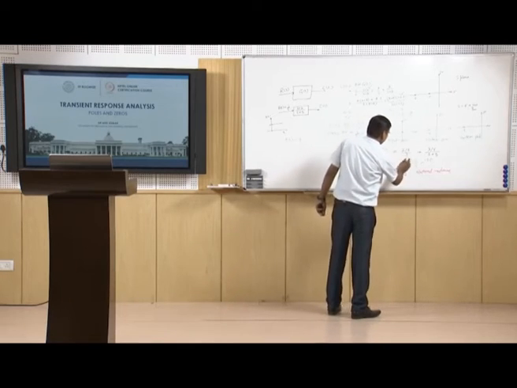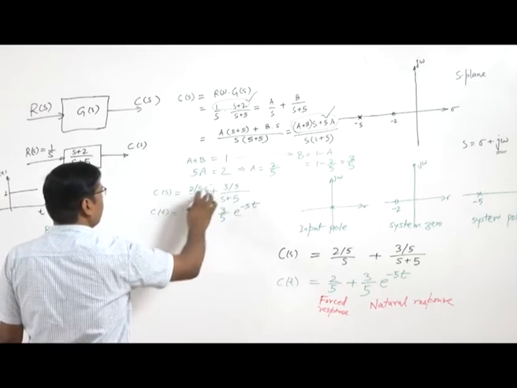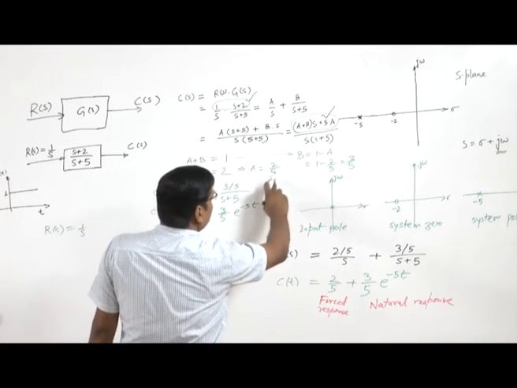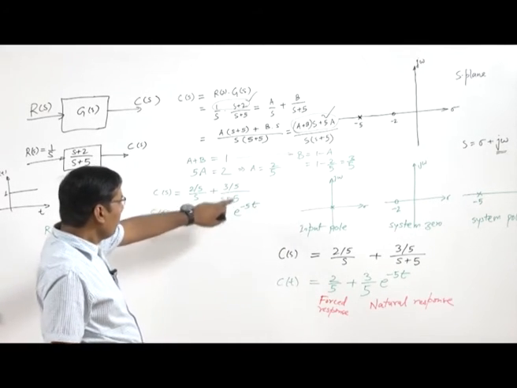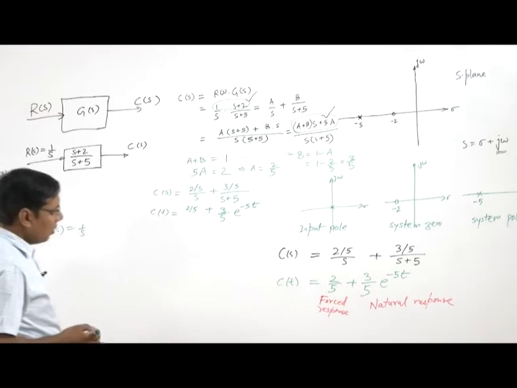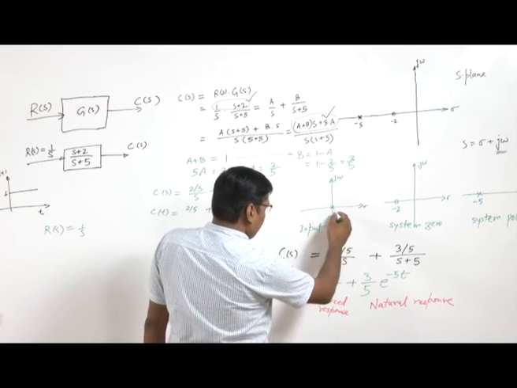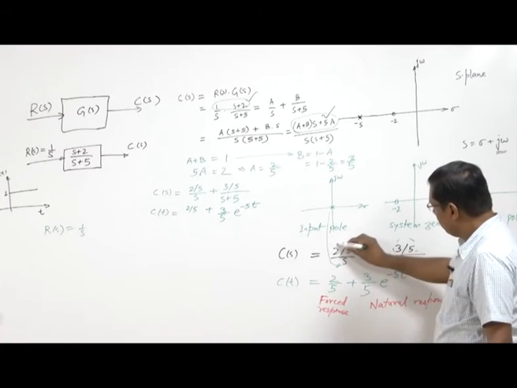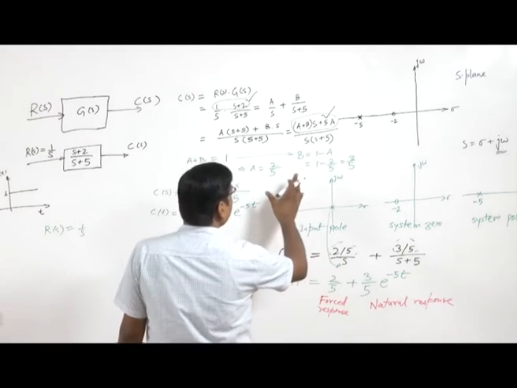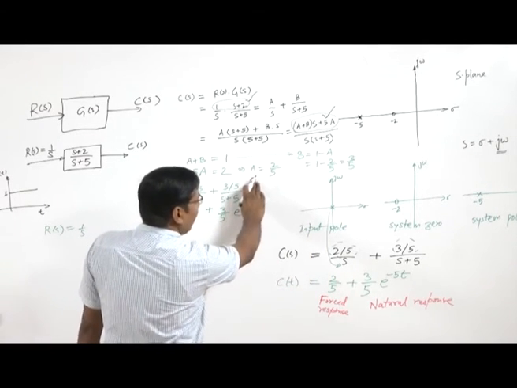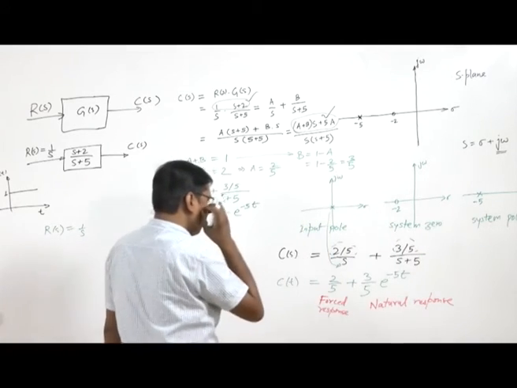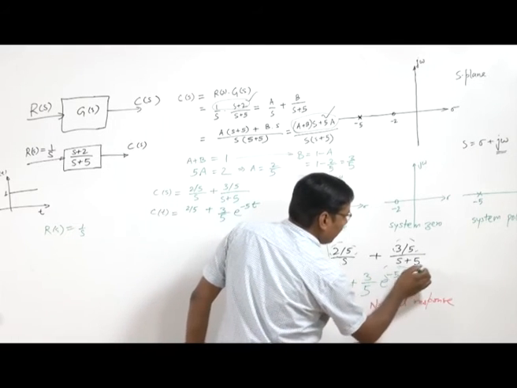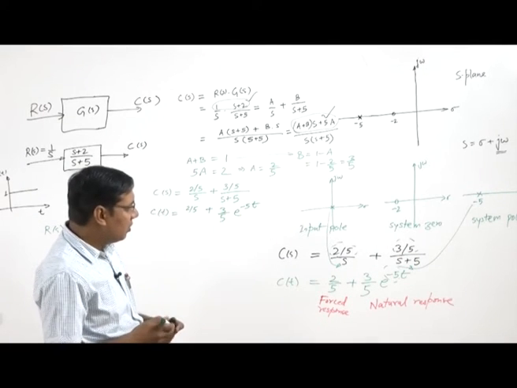We see that this value 2 by 5 comes from a calculation, because this pole is coming here as 1 by S. So these values depend on the values of the zero and pole, and this value depends on the input pole, and this term minus 5 is coming from the system pole.